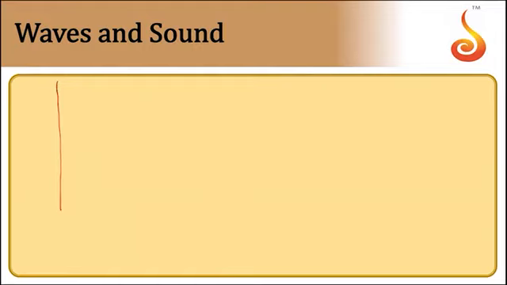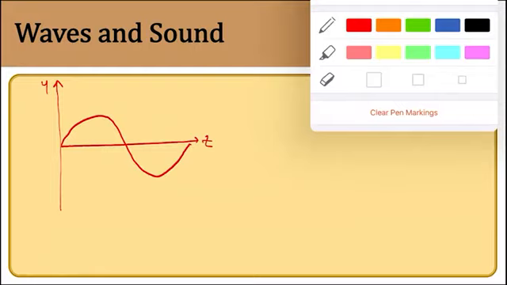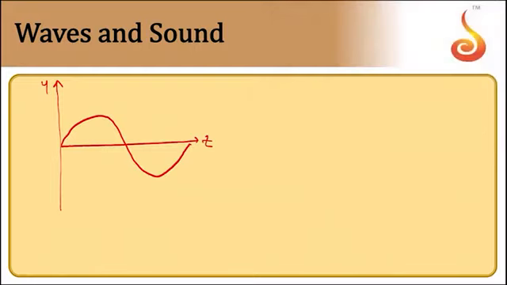For instance, let us represent the y versus t graph here, and this is the representation of a wave, and let's assume that after some time the wave travels like this and it has gone here.